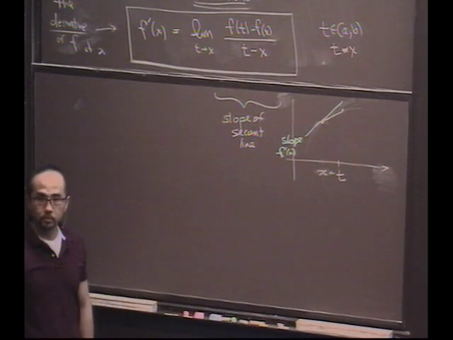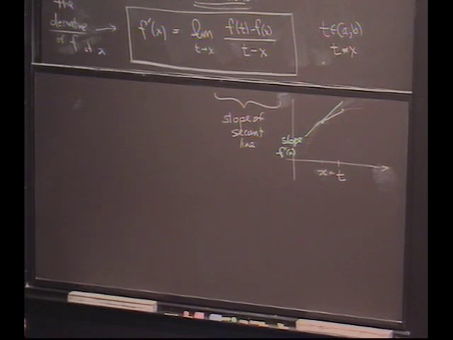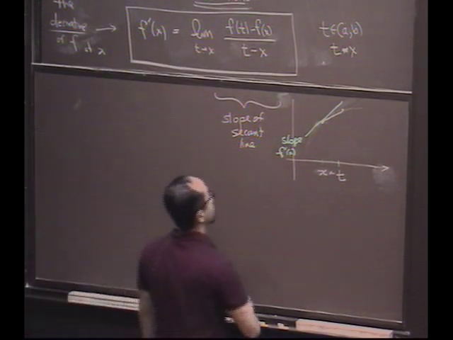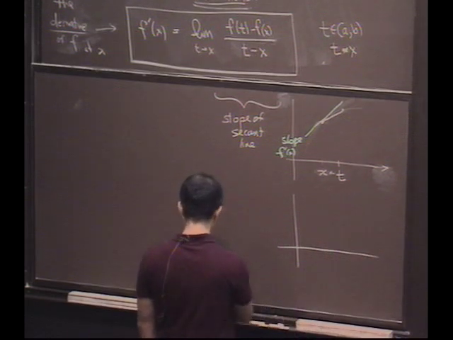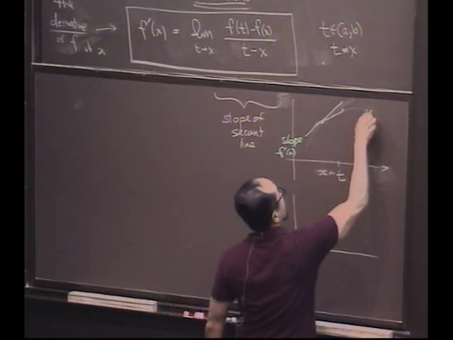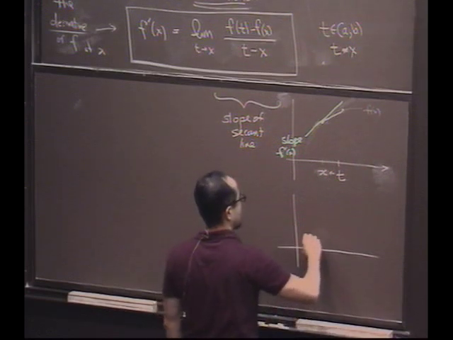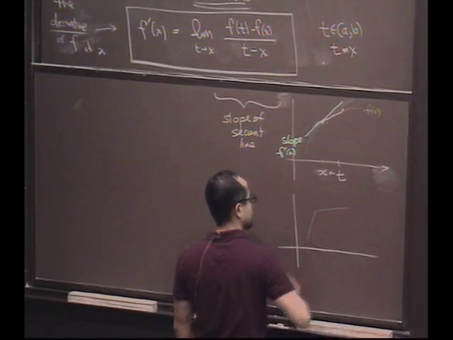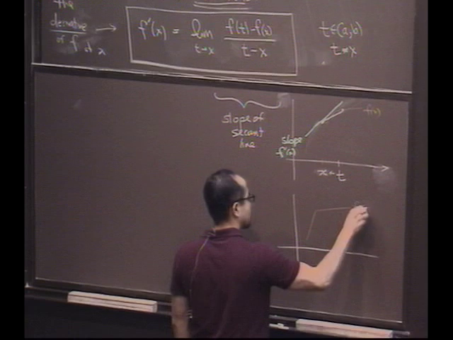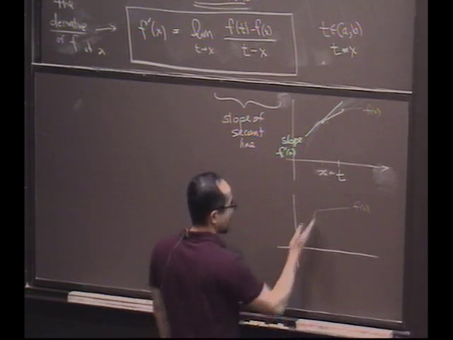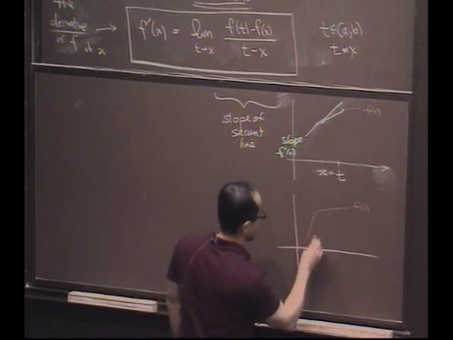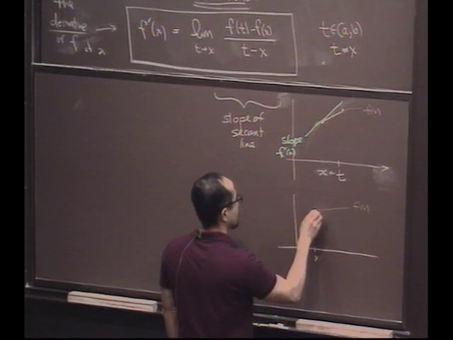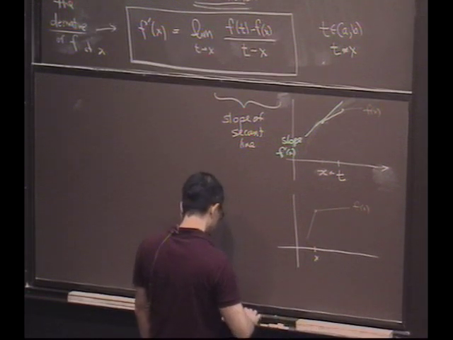This is to be contrasted with another picture where maybe your function f of x looks something like this. It's continuous here, in fact, at x. But what's happening if I look at the slope of the secant lines?